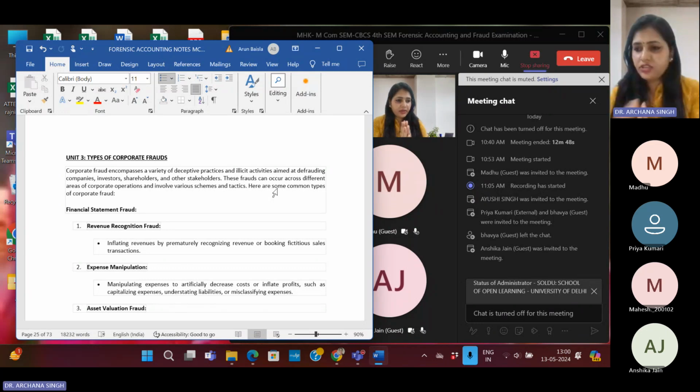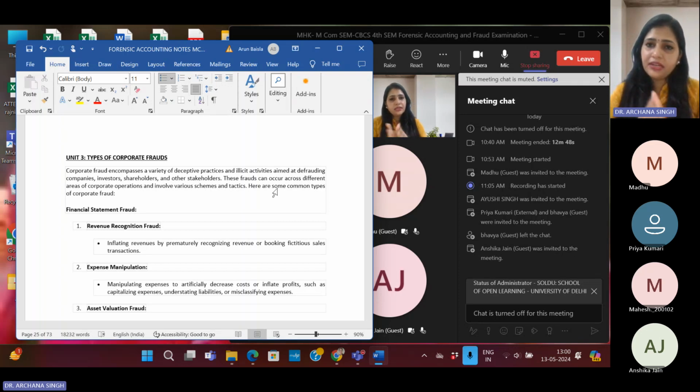So a financial investigator, forensic accountant, fraud examiner, or auditor has to identify those tactics and those various schemes that the perpetrators are following while doing the fraud. Okay, now what are the types of fraud?